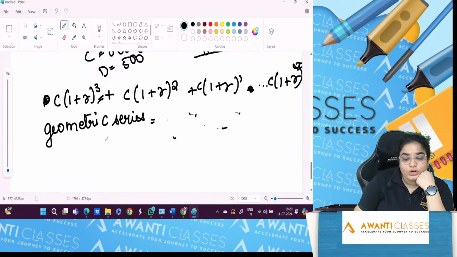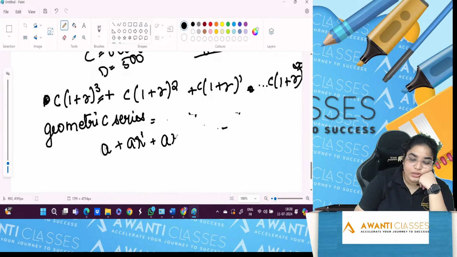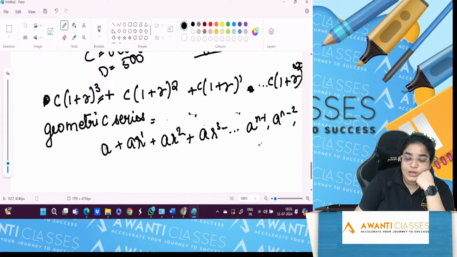Now a geometric series is in the format of a plus ar, ar square, ar cube, so on and so forth until ar to the power of n minus 2 and ar to the power of n minus 1.